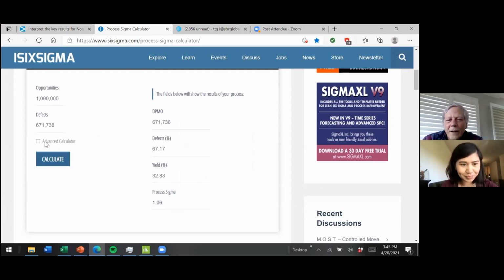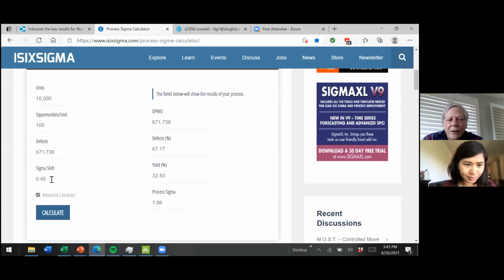And when you look at the advanced calculator, it should be 1.5. That's what it's doing. It's always preset to the 1.5 when you come here. Does that make sense? That's how it works, but I don't agree with it. I'm not a big proponent of adding 1.5, like all processes shift towards more capable, fewer defects over time.